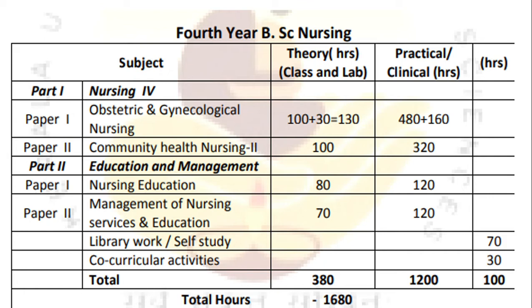And the practical hours are OBG nursing 640, community 320, nursing education 120 and management 120, so total 1200. So we have in hand 1200 plus 480 is equal to 1680, the exact hours we have.